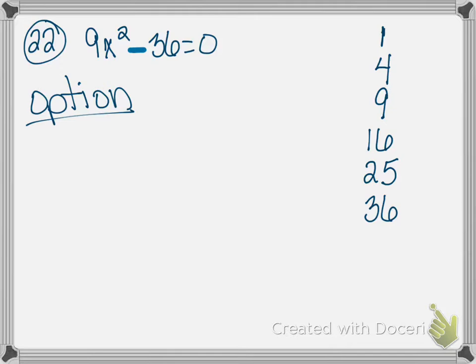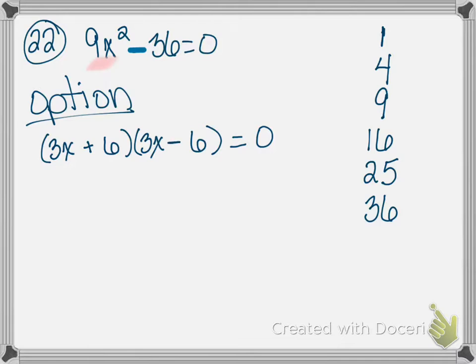So you might identify that 9x squared is perfect, and the square root of 9x squared is 3x. Then 36 is perfect, and the square root of 36 is 6. One has to be positive and one has to be negative.